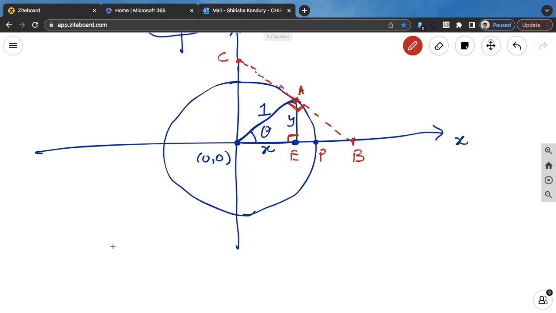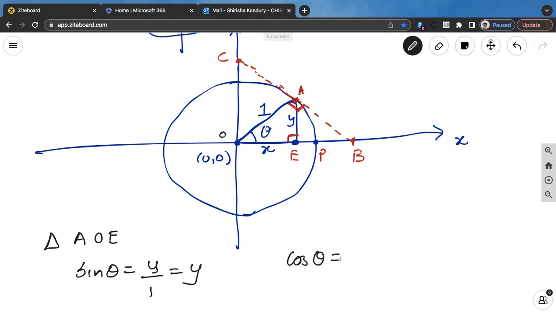Now in this small triangle, and this is O, in this triangle AOE, I have sine theta as opposite side upon hypotenuse, which is y upon 1 equal to y. I have cos of theta as adjacent side upon hypotenuse, which is x.